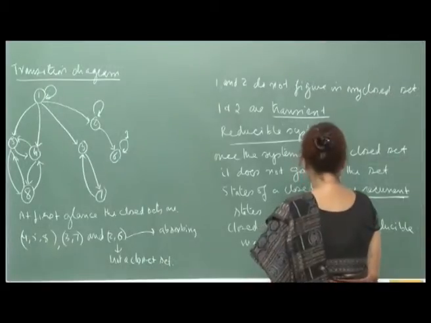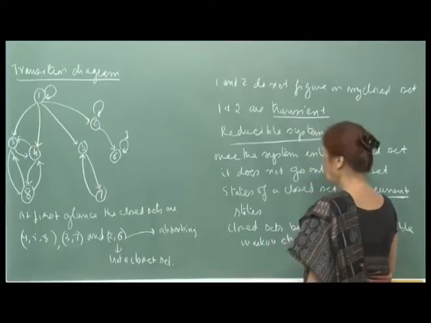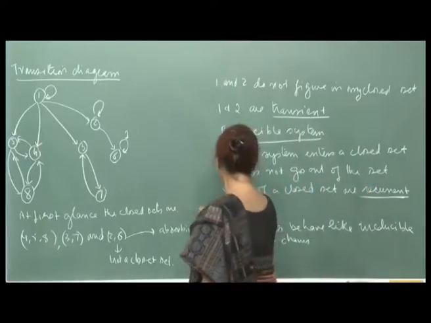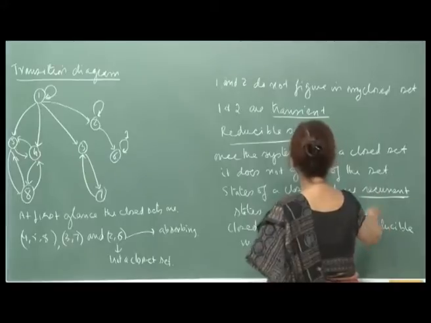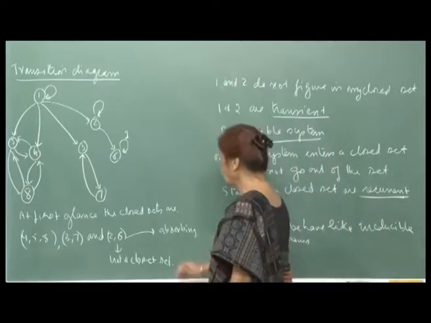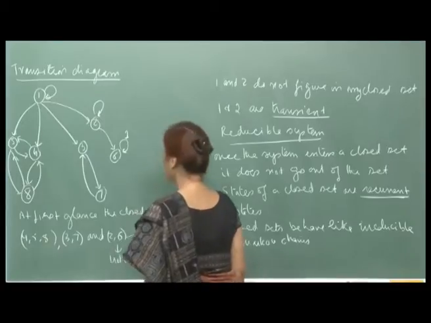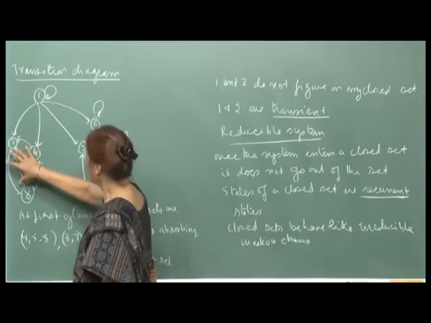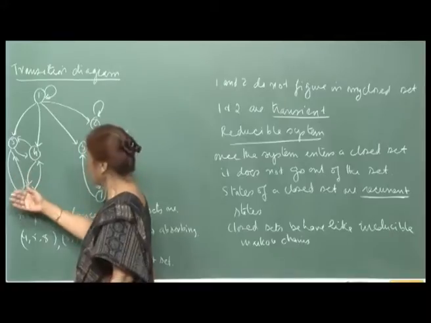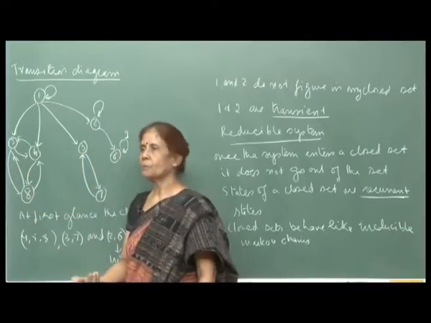Okay. So, first of all, after defining the recurrent state, transient state and an absorbing state, you have the closed sets. What we want to say is that each closed set, if you look at this itself, behaves like an irreducible Markov chain.